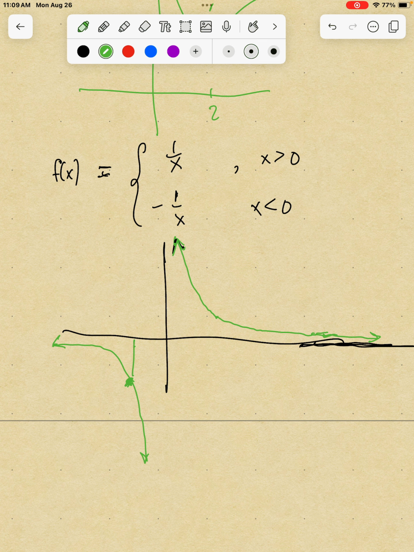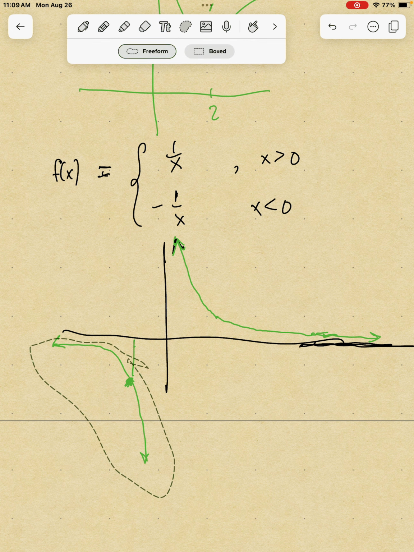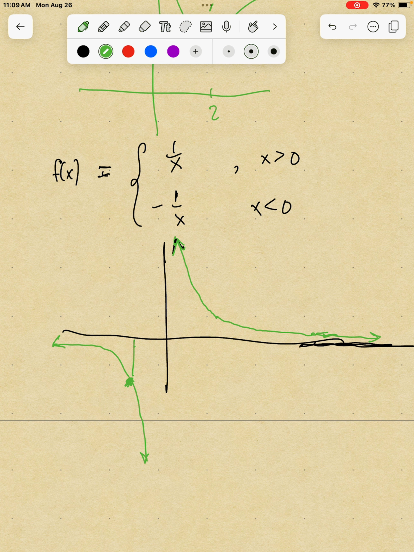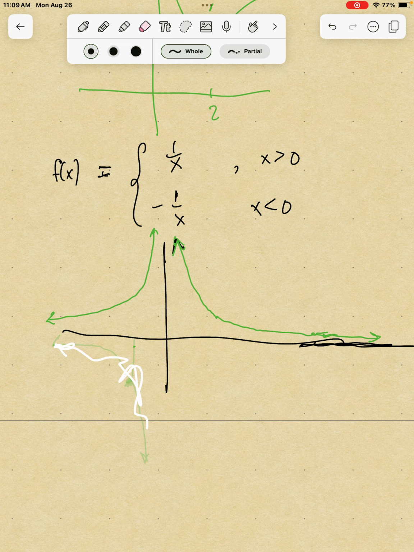So what happens is this piece gets flipped across the x-axis, and so what you end up getting is this. So that's what the graph of y equals negative 1 over x looks like when x is negative, and so this is the graph of f of x. Right? And notice that the function is not defined when x is 0.